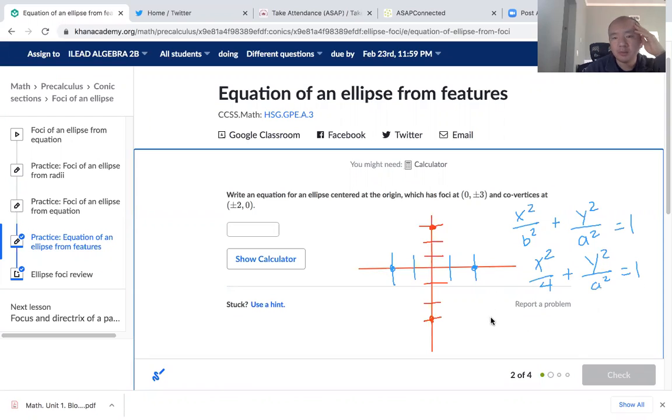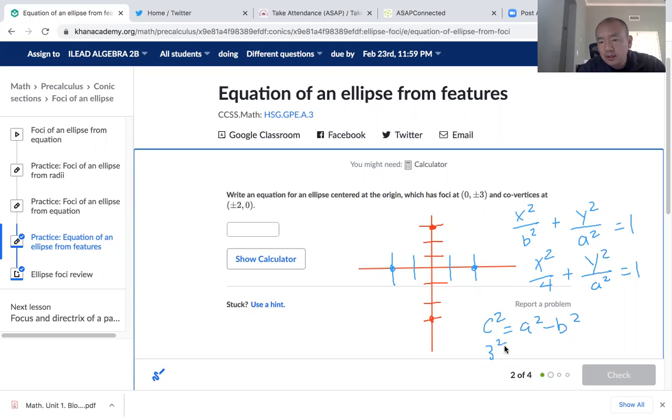Okay, so remember that it was c squared is equal to a squared minus b squared with the formula. Okay, and remember for the hyperbola, it's going to be a little bit different. I think the hyperbola is pretty much the Pythagorean theorem, but I think you should just look that up. It's the foci formula, all right? So the c is the distance, remember, from the center to the focal point, so that is 3.